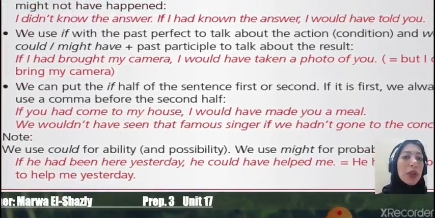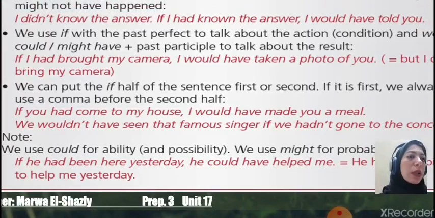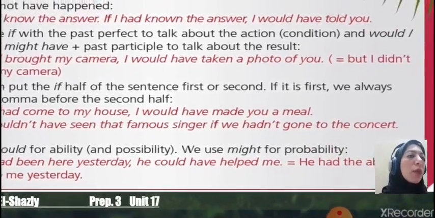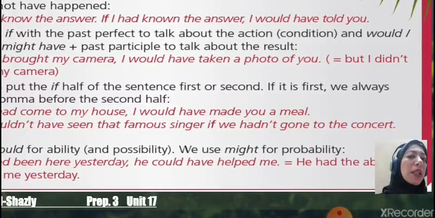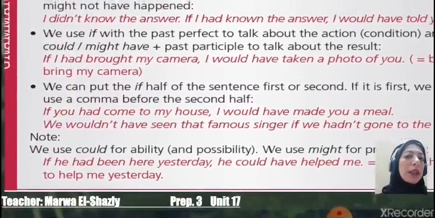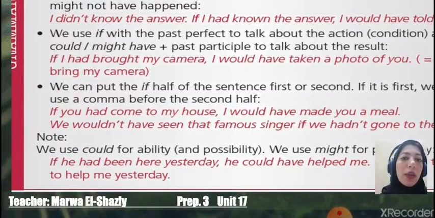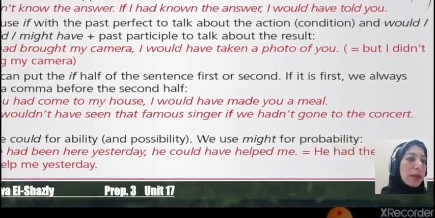Note, we use could for ability or possibility. We use might for probability, which means maybe that could happen. If he had been here yesterday, he could have helped me.